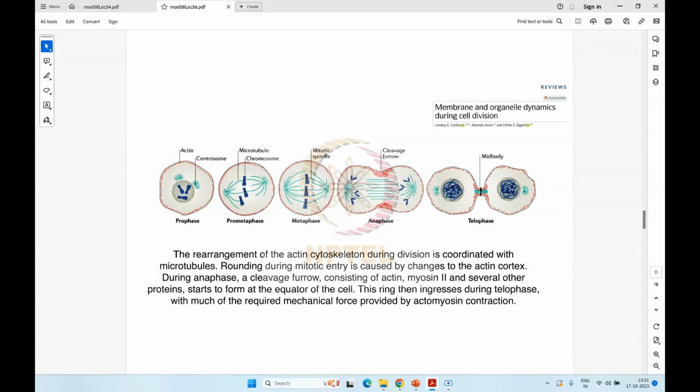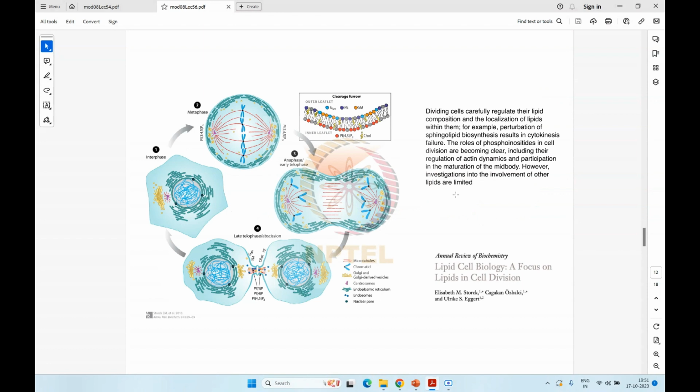And then there will be various proteins that are going to assemble at this position and twist off the plasma membrane so as to separate both the cytoskeletons, resulting in two daughter cells.